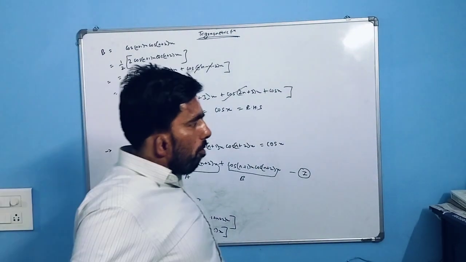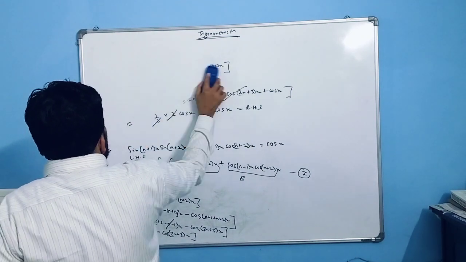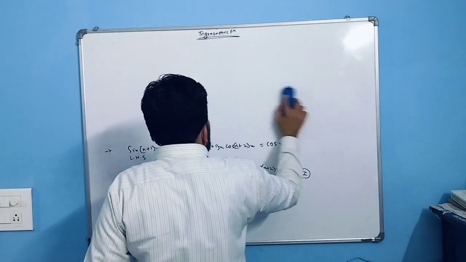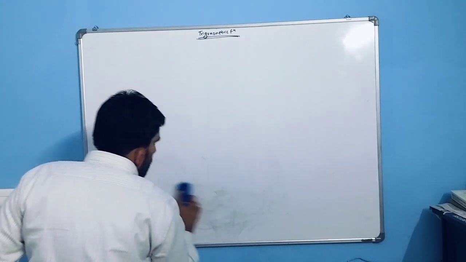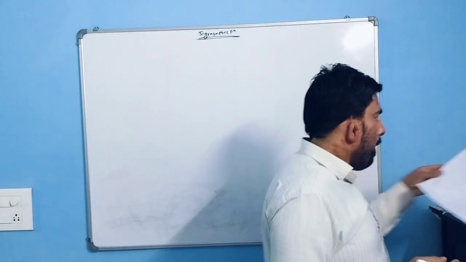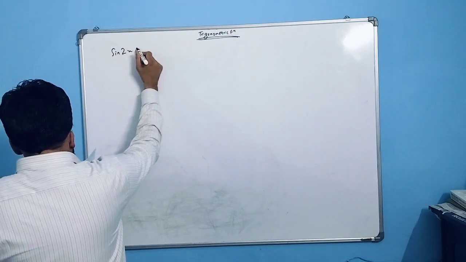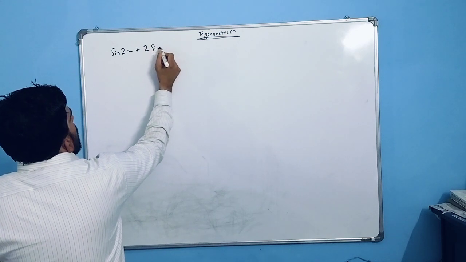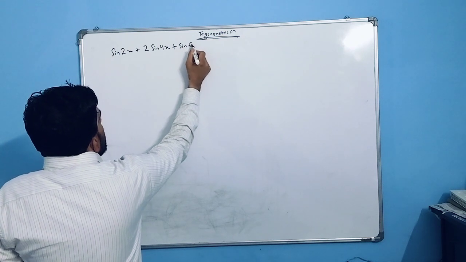Now we'll try to solve more numericals. Now let us see the next one. Now see the next numerical we have, that is given: sin 2x plus 2 sin 4x plus sin 6x.